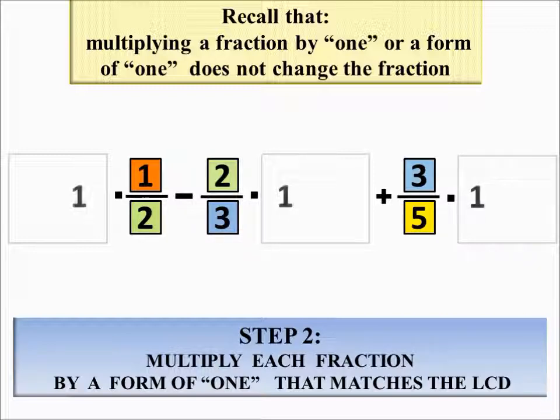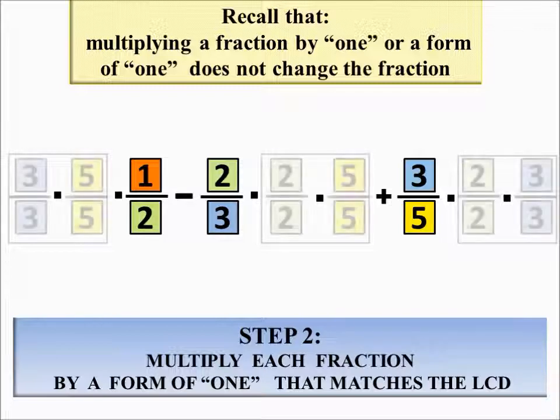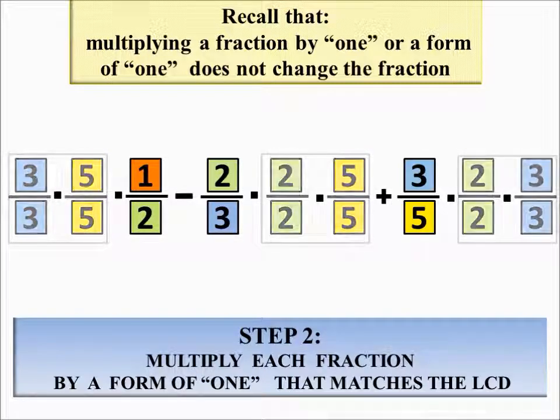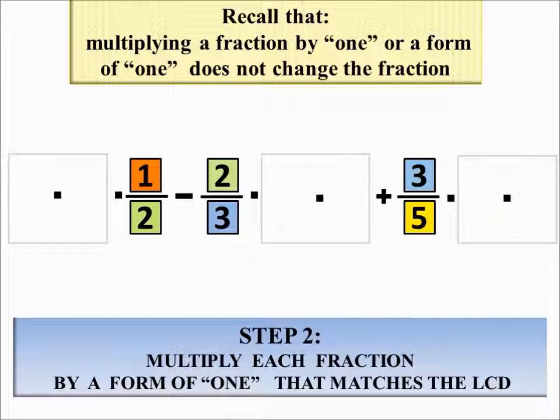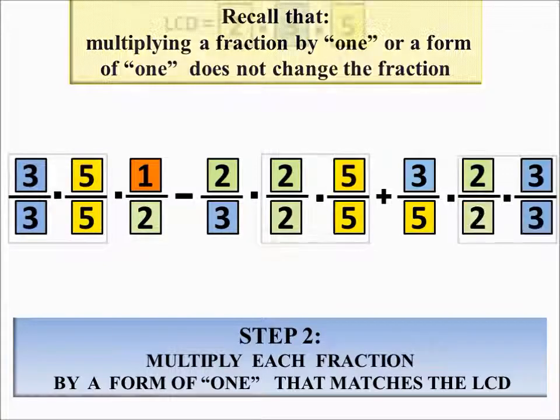Squares here indicate the locations where each fraction will be multiplied by 1, or better, a form of 1. Recall that a form of 1 is any fraction whose numerator is equal to its denominator. For example, a form of 1 can be 3 over 3, 5 over 5, 2 over 2.